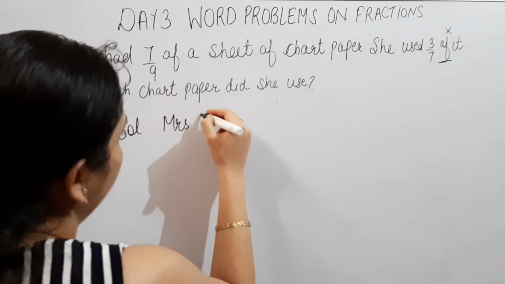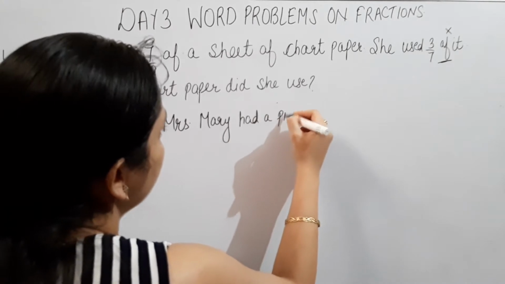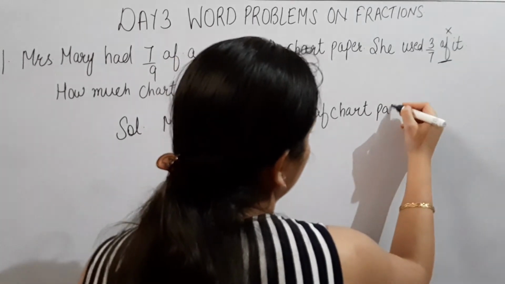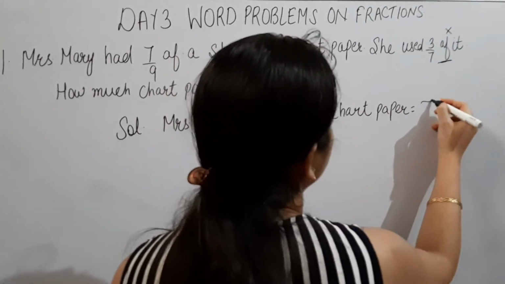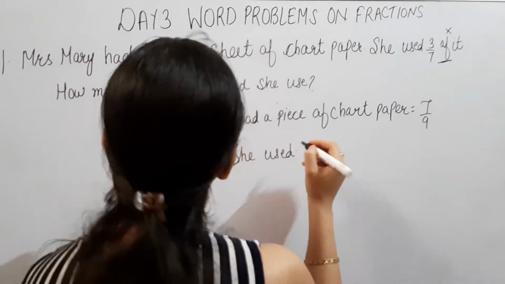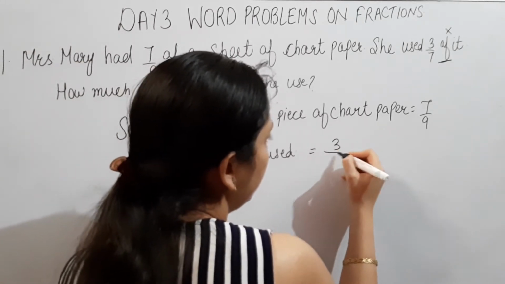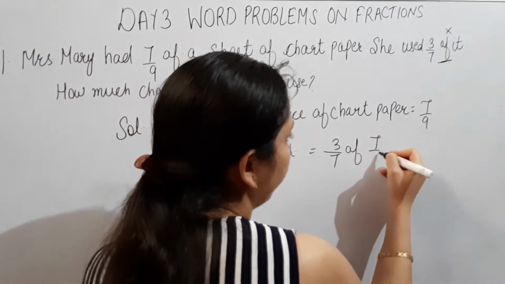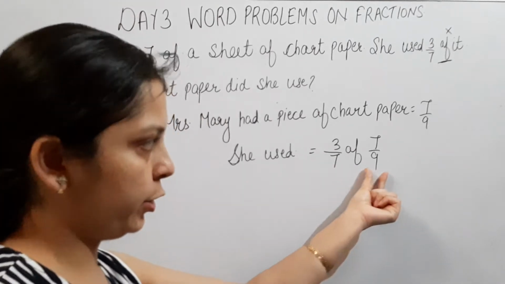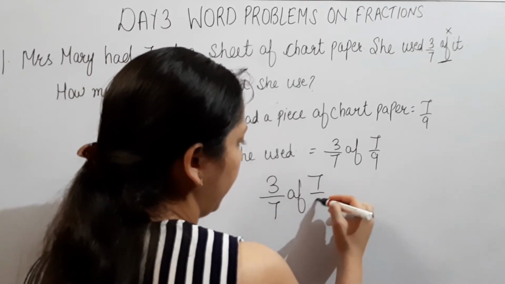So, Mrs. Mary had a piece of chart paper equal to 7 by 9. She used 3 by 7 of 7 by 9.